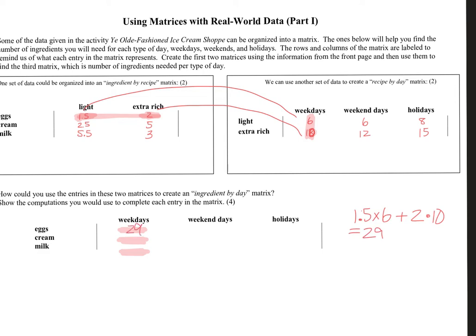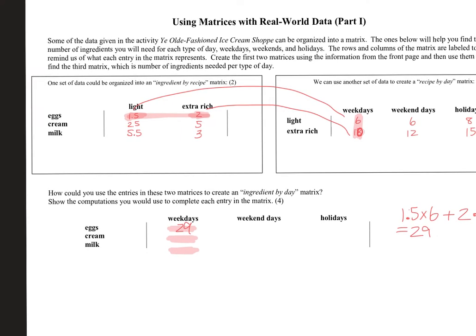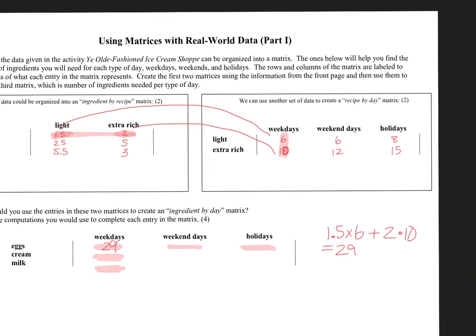There we are. All right, we can work our way across, I guess. We can just knock out all the eggs. So we could go now to eggs on the weekend and then eggs on the holiday, since I've got my eggs highlighted. I still need the 1.5 for light and the 2 for extra rich. But on the weekends, I have a much different story. I've got 6 light and 10 extra rich.